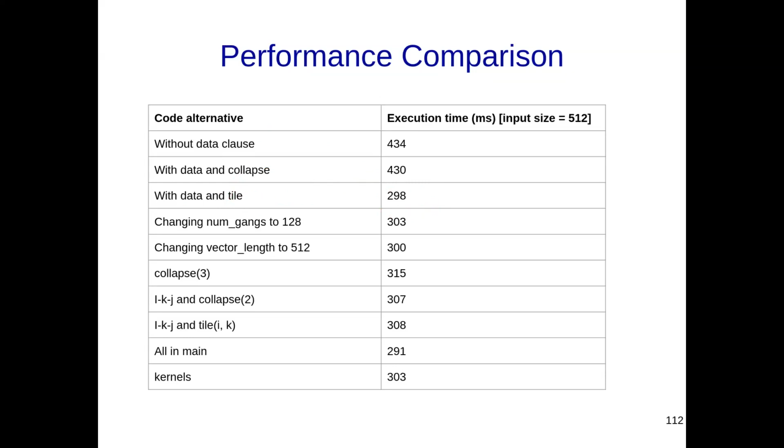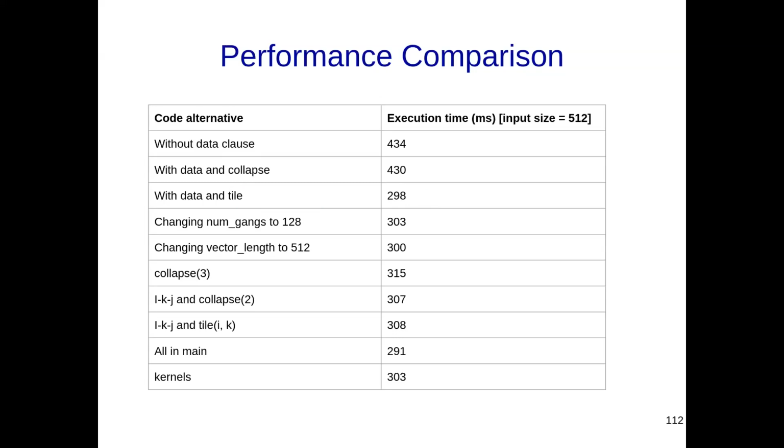If you are using collapse, then tile might interfere with that, and the compiler may not allow you to do collapse as well as tile together, unless you are doing it for two different pairs. So collapse you are doing for i j, whereas tiling you are doing for k and so on. Then it is okay. But otherwise, for the same loop, you should not be doing collapse and tile. You won't be able to. So in this case, we got large benefits because of this tile. So you might want to experiment with that further.